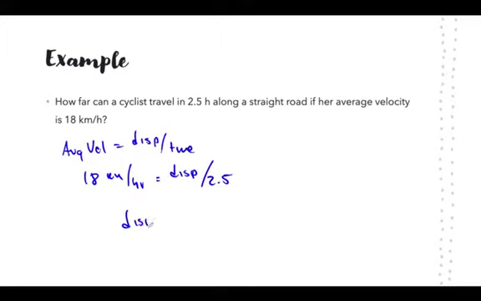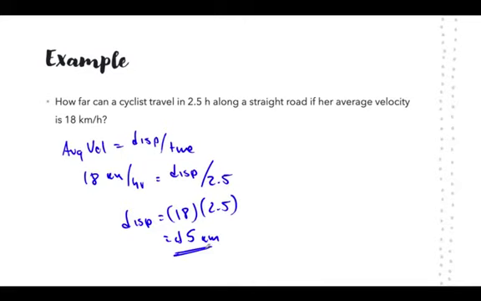So here we can solve for the displacement, which would be equal to 18 multiplied times 2.5, and 18 multiplied times 2.5 gives us an answer of 45. So that means that the displacement was 45 kilometers.